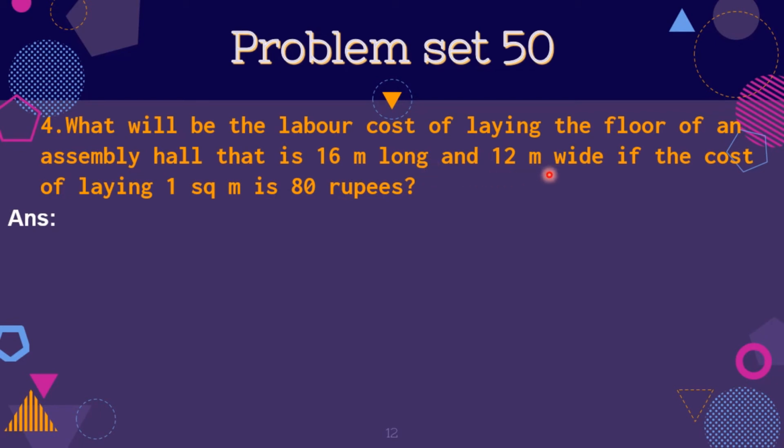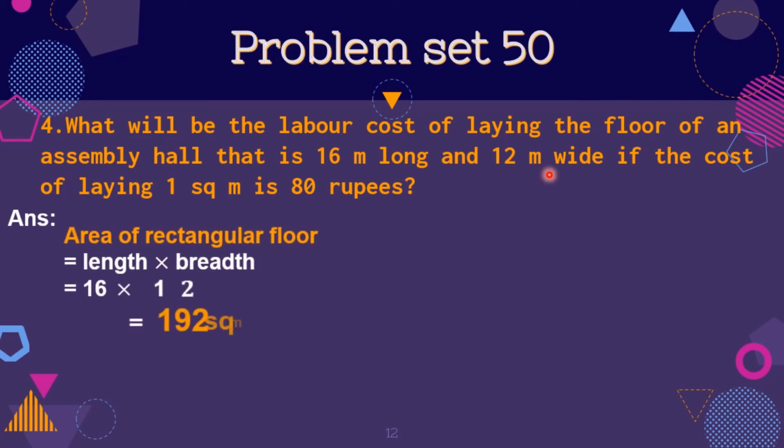So first let us find out the area of the floor of that assembly hall. We have the formula, area is equal to length into breadth. So we write 16 into 12, which is equal to 192 square meter. Now this is the area of the floor of that assembly hall. And we know the cost of laying for 1 square meter is 80 rupees.